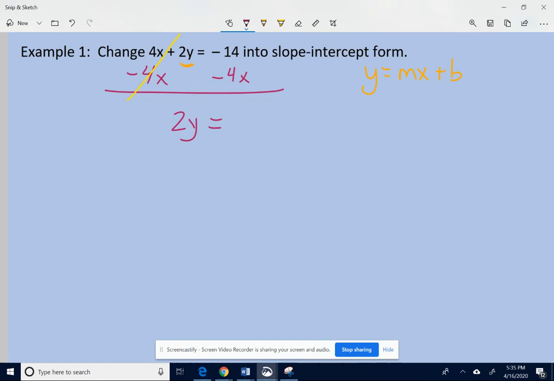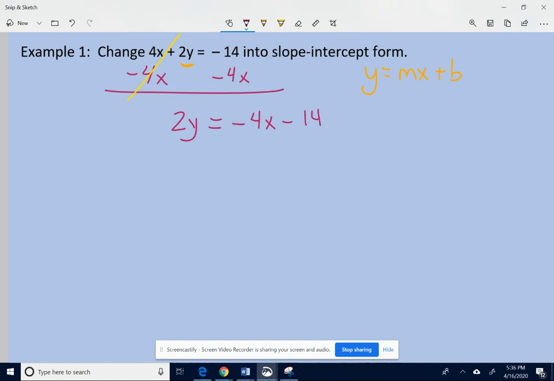But do you notice that those are not like terms? We cannot combine those together. We just need to write them down again. But when I write these down, I'm going to put the x term first. So I'm going to write it as negative 4x minus 14.